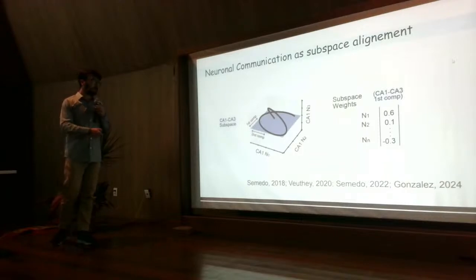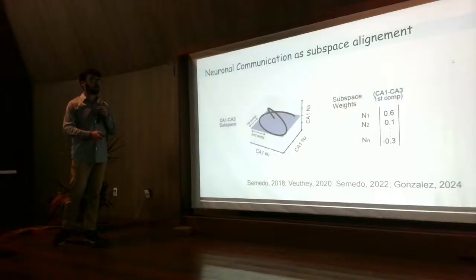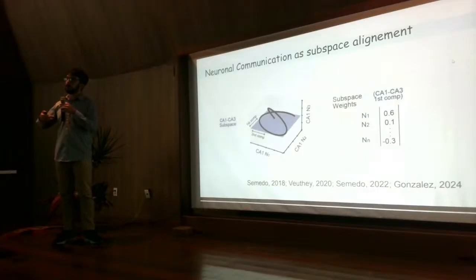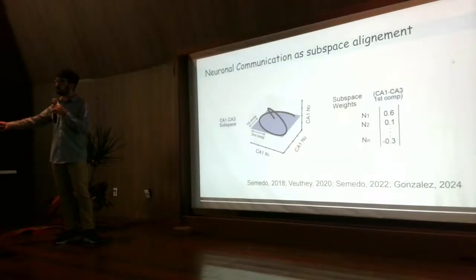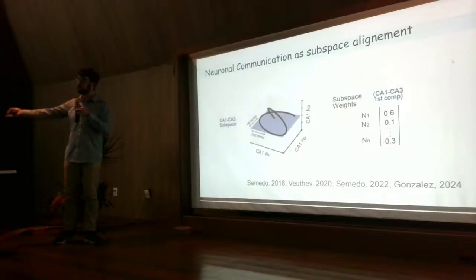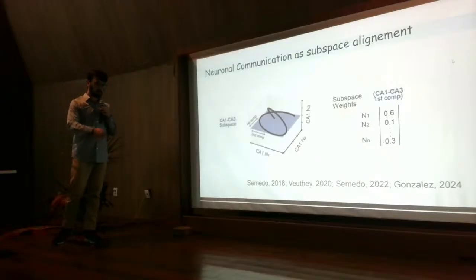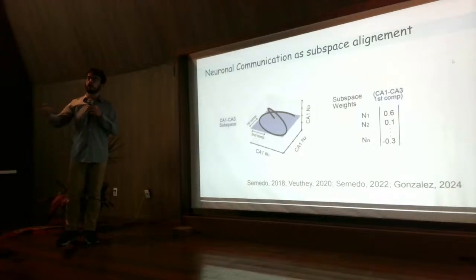We can also think about finding these subspaces in terms of finding a set of weights for each of these individual neurons, so that we generate a linear combination of these weights times the activity of each neuron in each brain region, and we also have a corresponding set of weights for the downstream population. When we generate this linear combination, we get the maximum amount of correlation between these 2 brain regions. This is in a general sense.